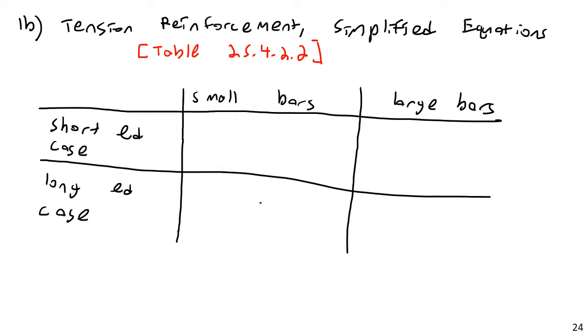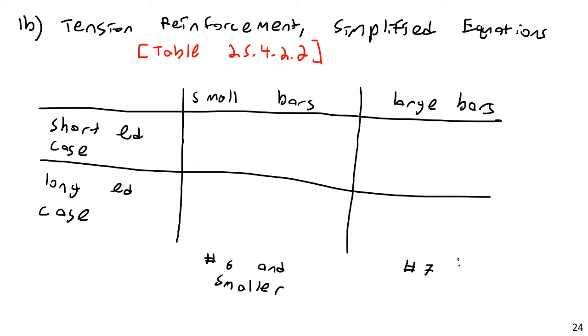And then you just have a series of things. It's fairly easy to tell whether you fall into the small bar or the large bar column. Basically, small bars here would be bars that are number 6 and smaller. And here would be number 7 and larger.